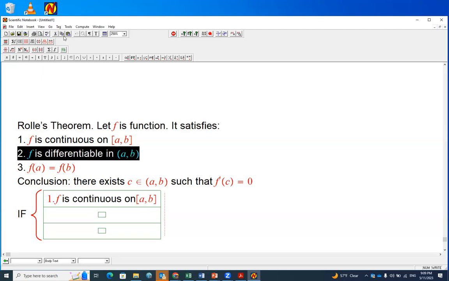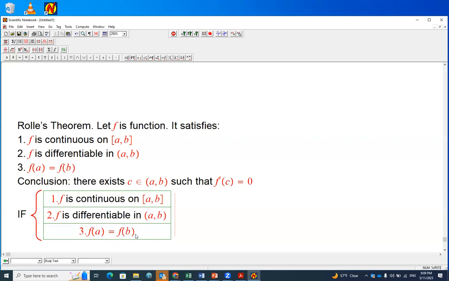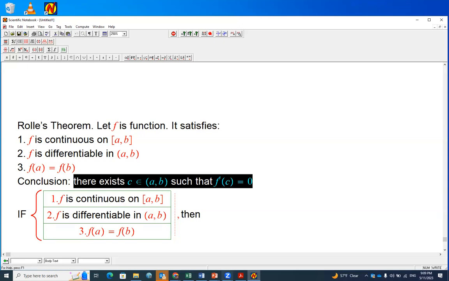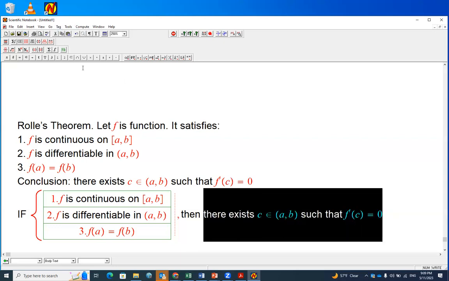The second condition is differentiable. The third condition is f of a equals f of b. I want to show you clearly the logical relationship. If all 3 are satisfied, then we have that conclusion. I'm going to put the conclusion in a box.